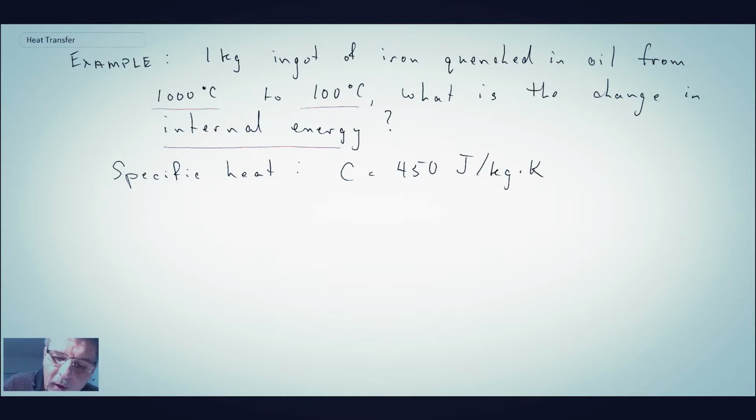And if you recall, du is CV dT. So that is a way to evaluate the change in internal energy.